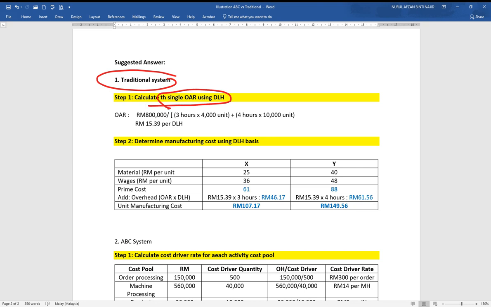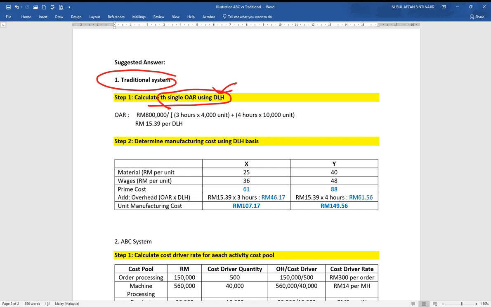The single basis of OAR depends on the question. If the question instructs you to use the machine hour, then you have to use the machine hour. But in this question, we will use the direct labor hour as a basis to calculate the OAR.